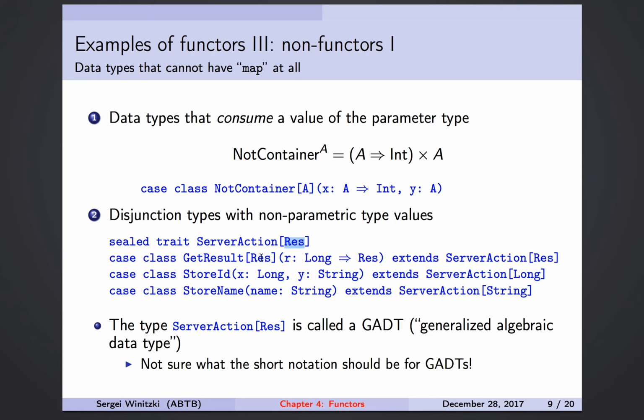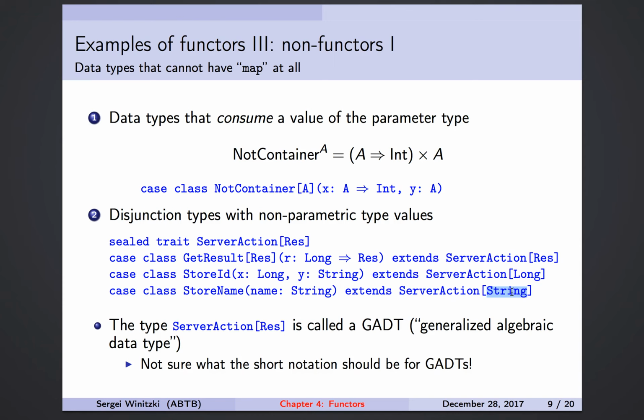So the first one is normal. It has a value, and it extends the survey action with the same type parameter res. But the second case class doesn't have a type parameter and extends survey action with a specific type long. And also the third case class extends that with specific type string.